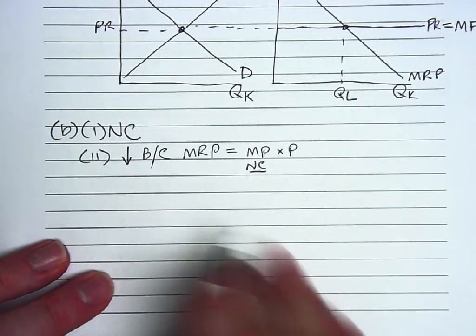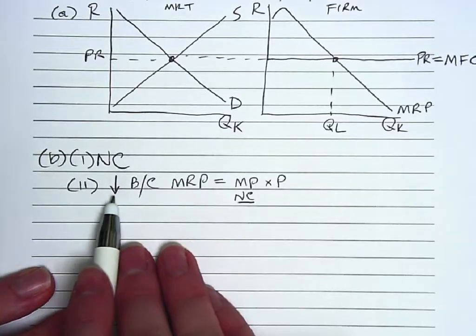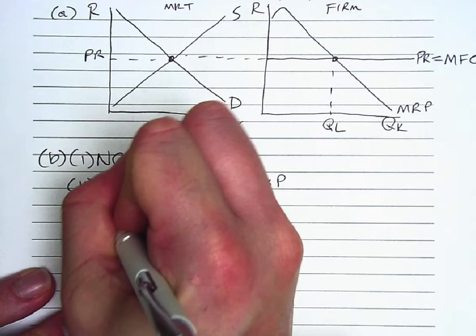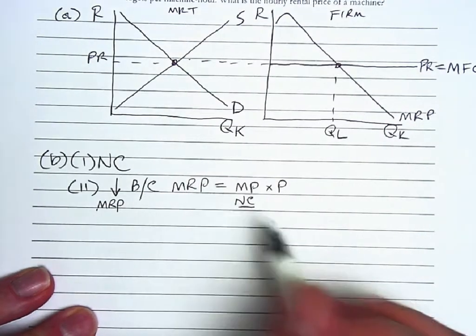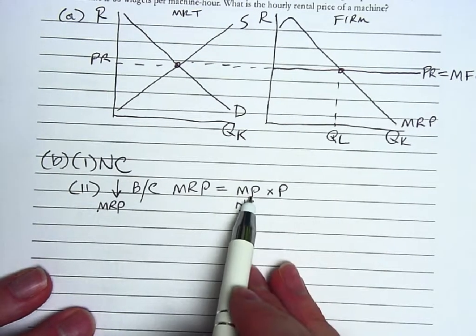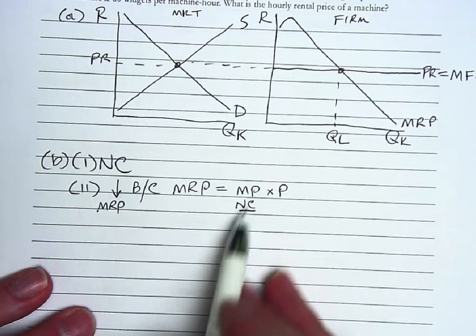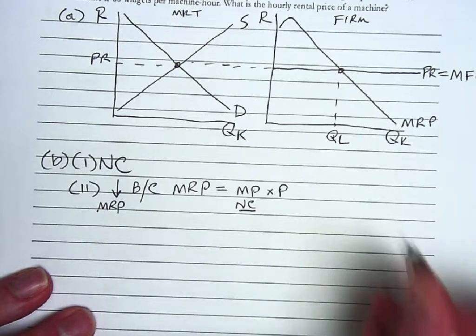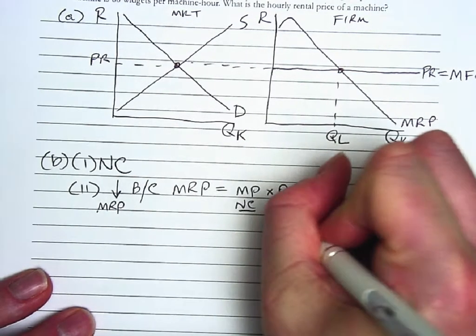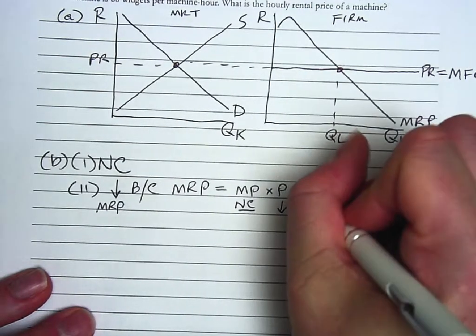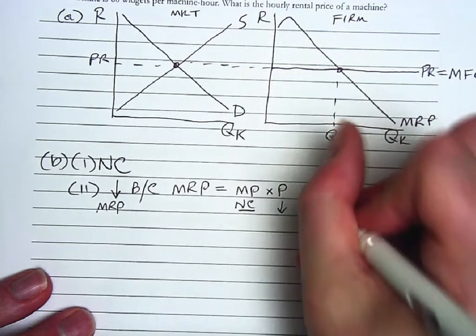Now, there was no change here, right? Oops, now you can't see that. No change, and so this is a decrease in the marginal revenue product because the marginal revenue product equals the marginal product times the price. We know that there's no change in the marginal product because the productivity of the machine didn't change, but the price is actually going to go down.